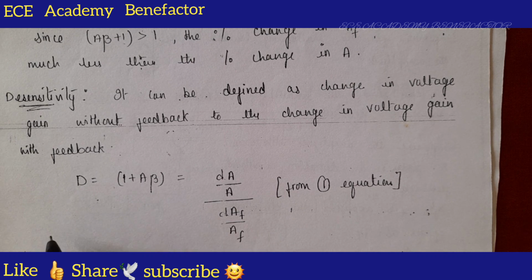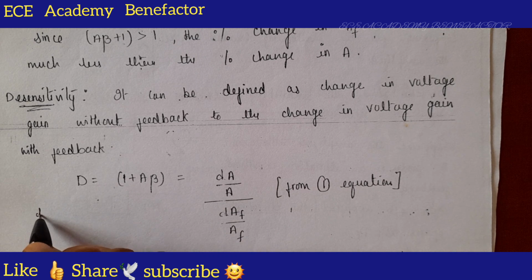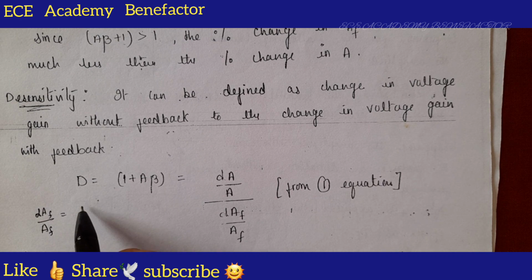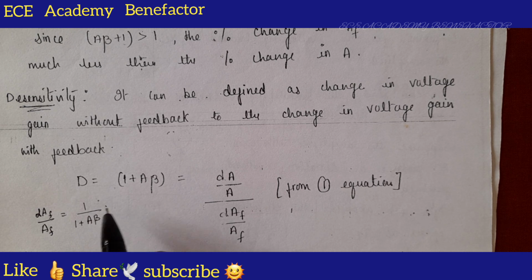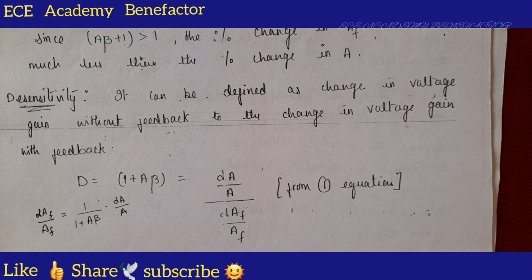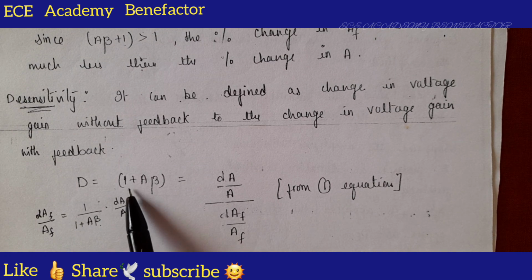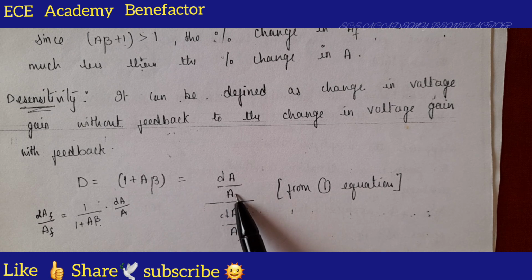We got the equation here: dAF by AF, that is the fractional change in gain with feedback, is equal to 1 by 1 plus A beta dot fractional change in gain without feedback. What is the desensitivity equation? 1 plus A beta. On cross multiplying, 1 plus A beta is equal to dA by A divided by dAF by AF.